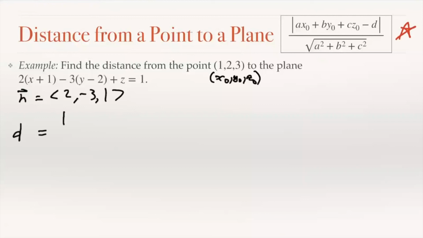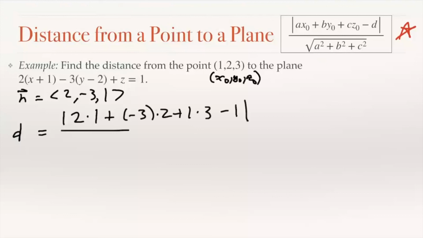the absolute value of a times x naught plus b times y naught plus c times z naught minus d, all over the square root of a squared plus b squared plus c squared.